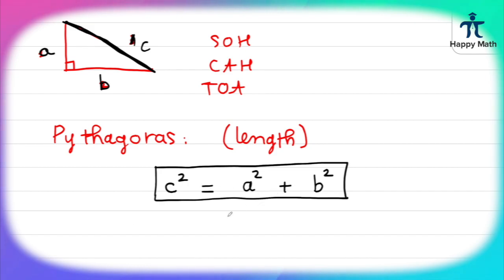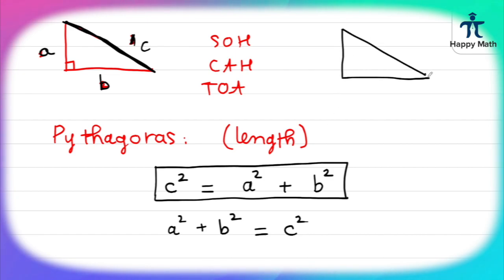Another way to write this is A squared plus B squared on the left hand side, and the longest side squared on the right hand side. They have the same meaning. For example, if I have a right angle triangle like here, the sides are 3, 4 and 5.